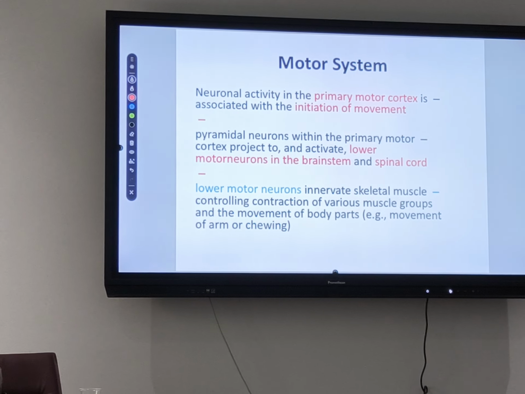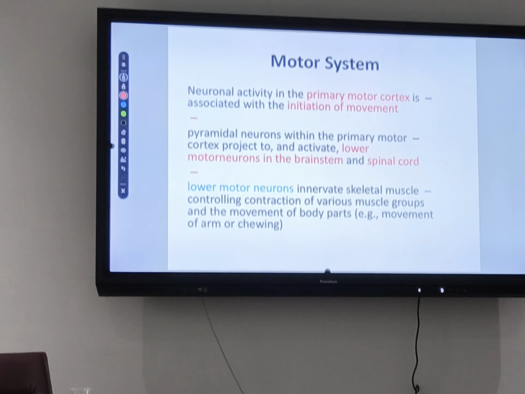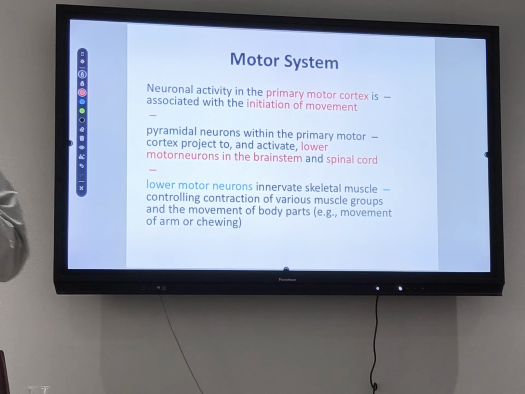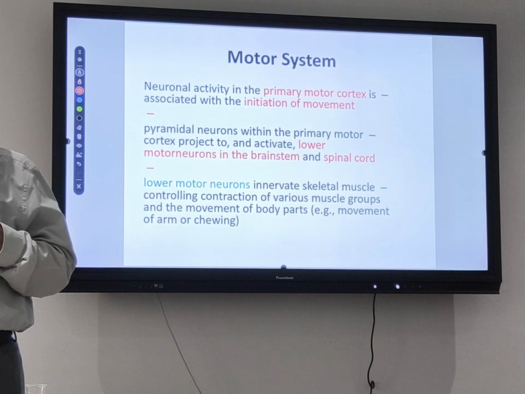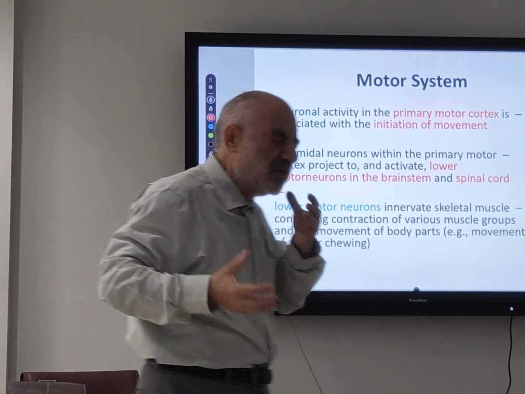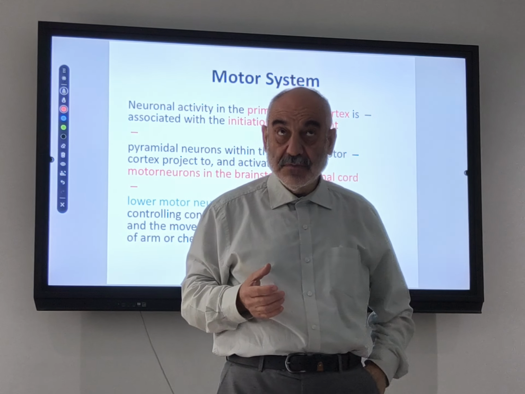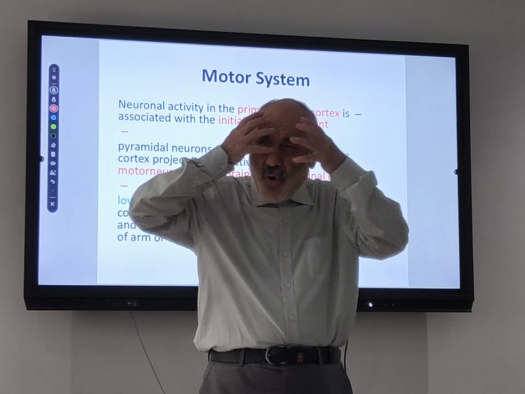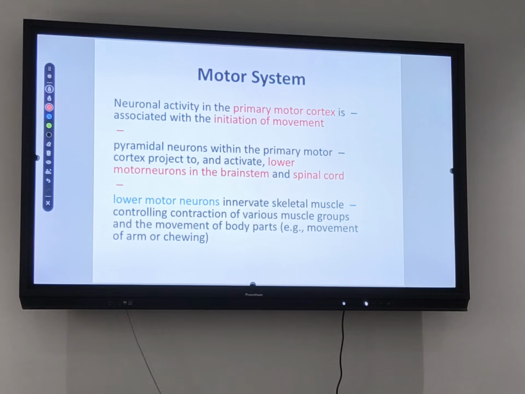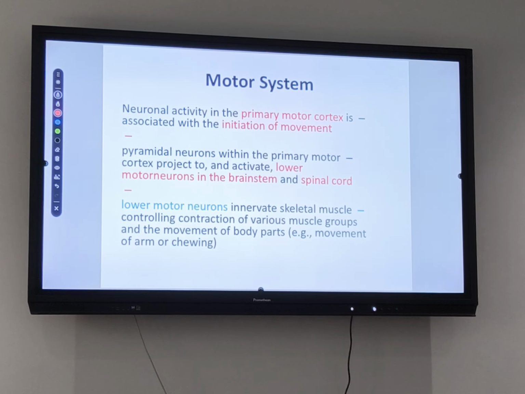But for cranial nerves, for example, for the face, look at me. All facial expression, closing the eyes, opening the eyes, is related to the facial nerve, which is a cranial nerve, the seventh cranial nerve.